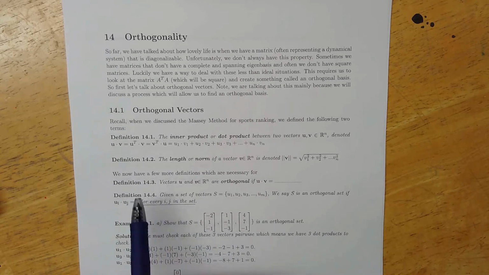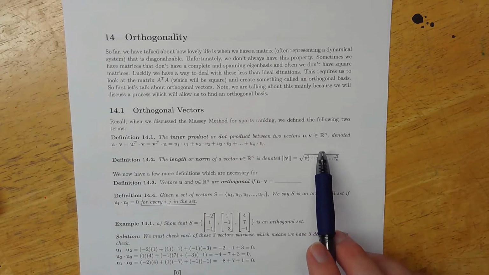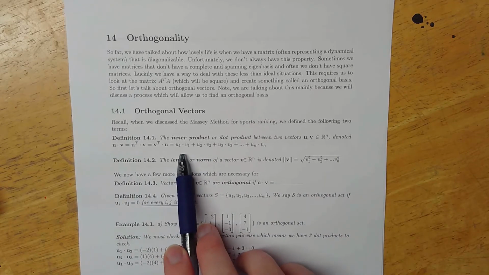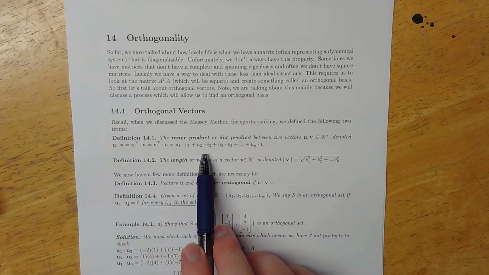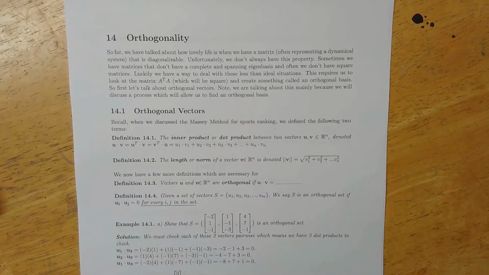If you've got two vectors of the same length, both in Rn, you take their first entries and multiply them together, add their second entries multiplied together, and then add their third entries multiplied together, all the way until you get to the last entry.